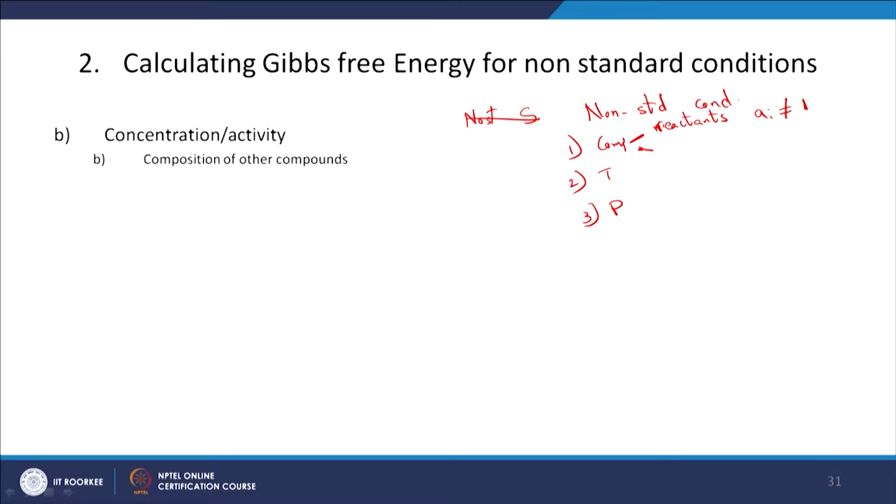Today we are going to continue talking about the non-reactants. What will be the effect of the composition or concentration of the non-reactants on your reaction or the relevant variables, and also the effects of temperature and pressure when they are not equal to either 25 degrees centigrade or 1 bar?